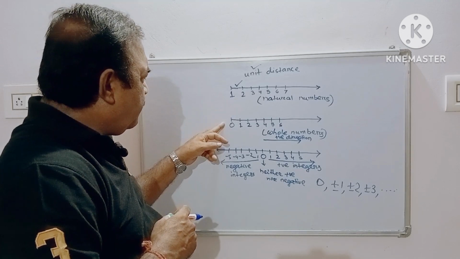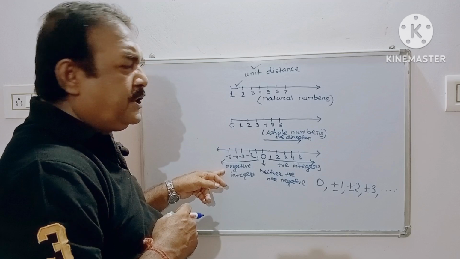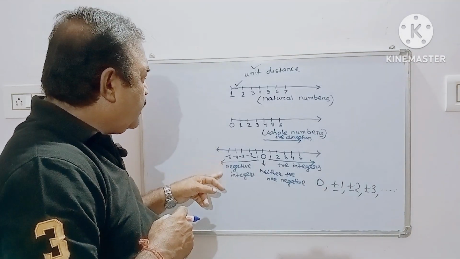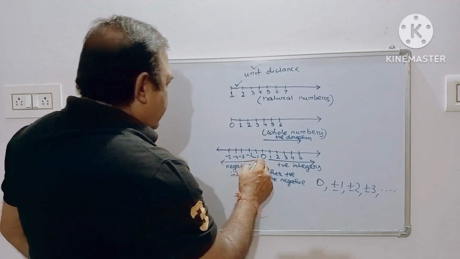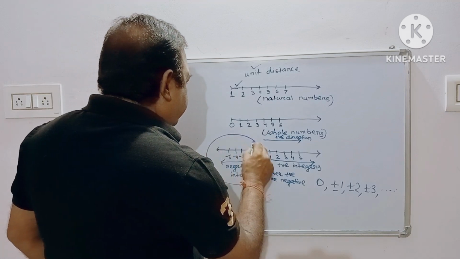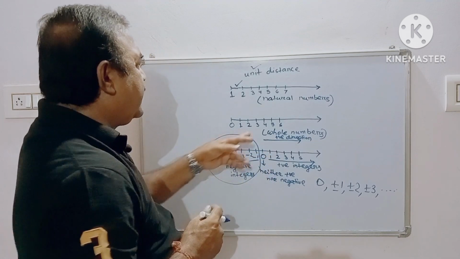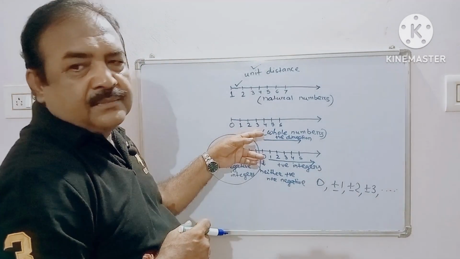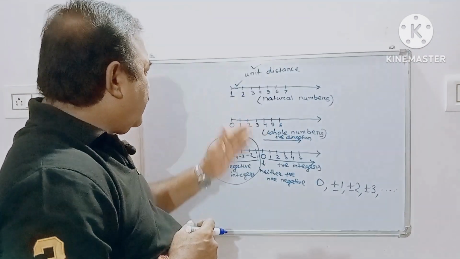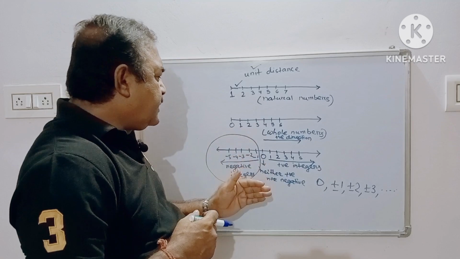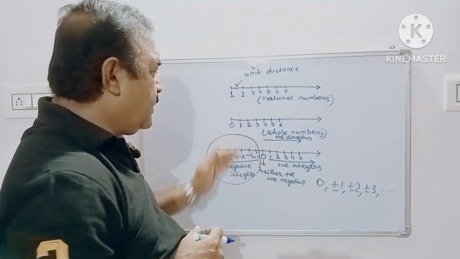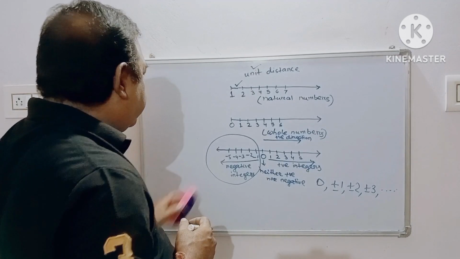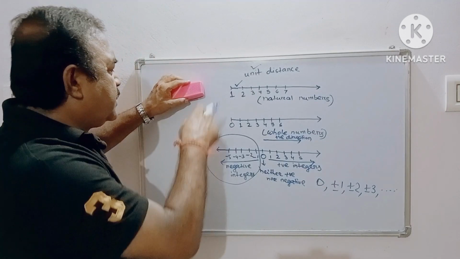So all the whole numbers are integers, but all the integers are not whole numbers. Why? Now you see, the negative integers are not included in the whole numbers. So you just understand.